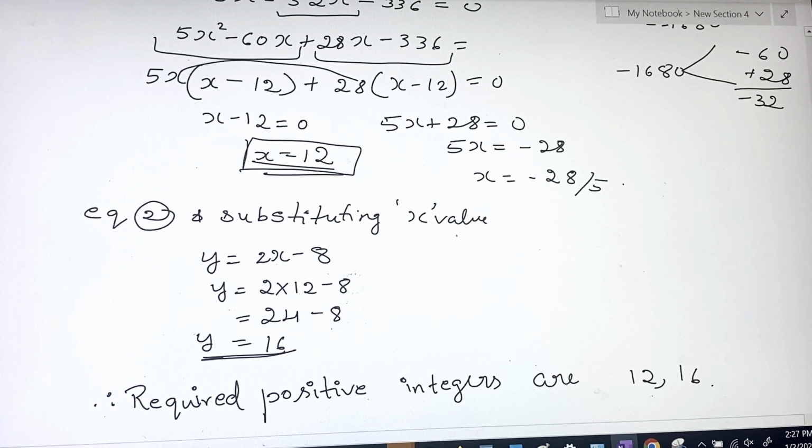This gives the answer. If we write this, we get 3 marks for this. This is the 26th question.